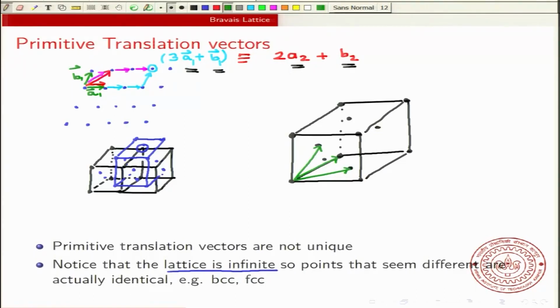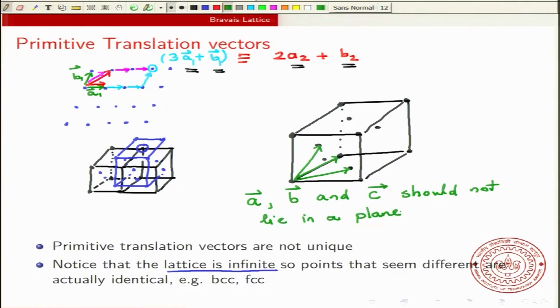Okay, this is one choice. You could take other choices also. Okay, you could take many other choices. What is important is that A, B and C should not lie in a plane.